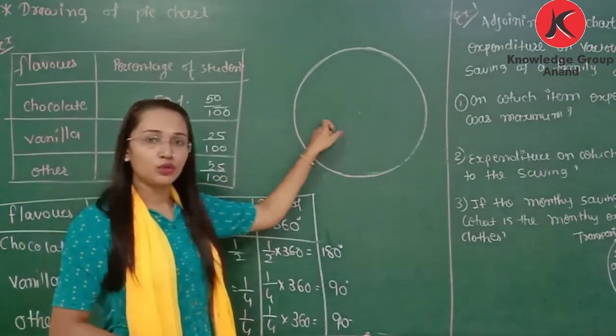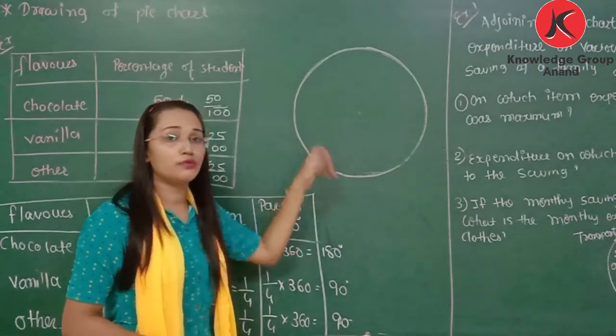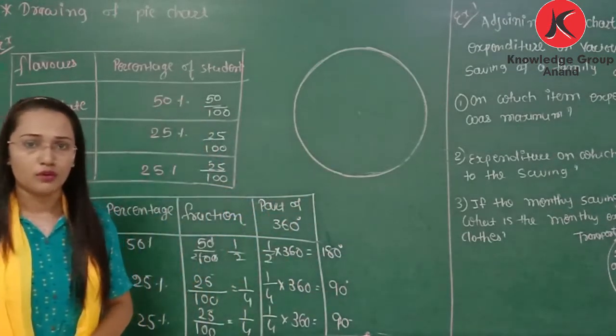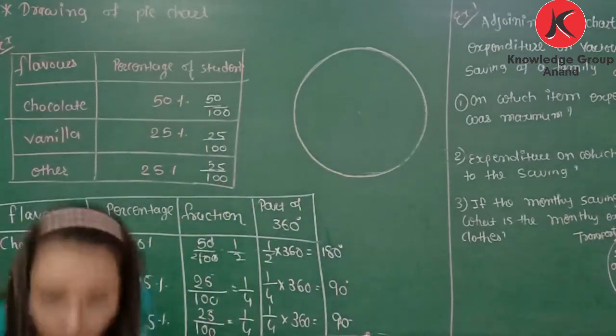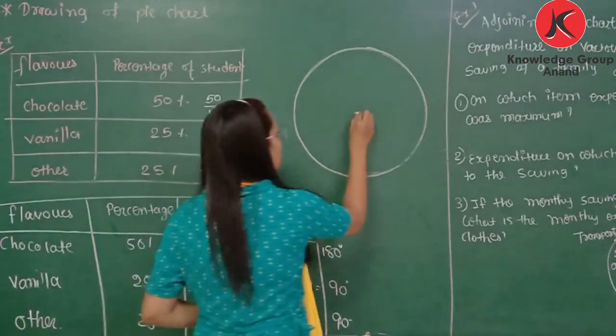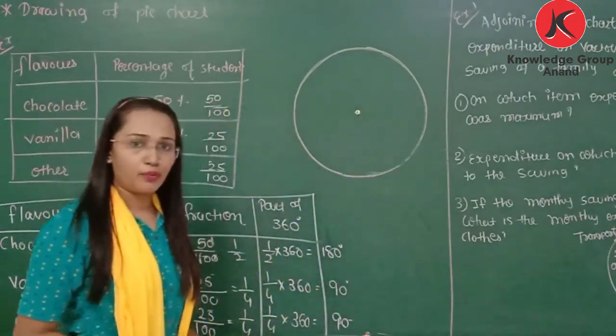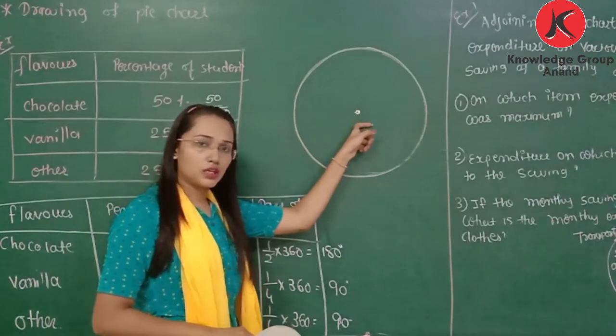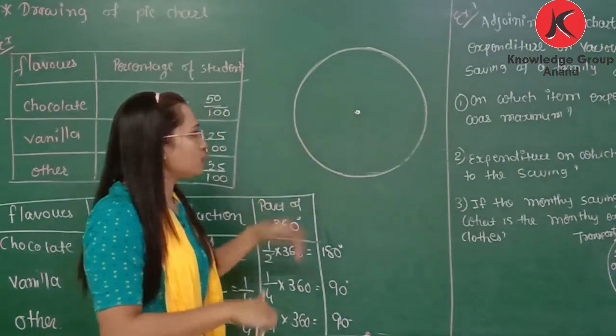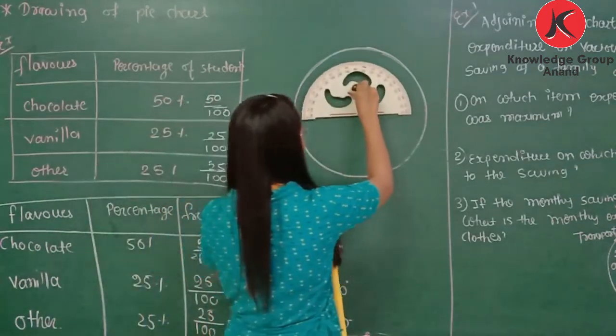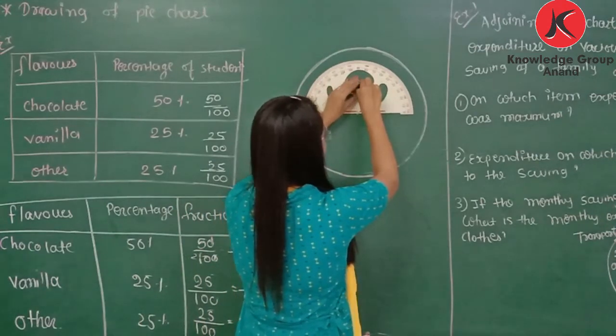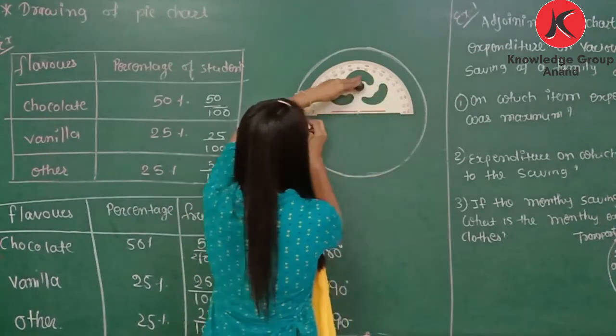Now here, how can you draw a circular graph? So first of all, you need to make a circle with any radius. Now take a center point, because we draw a circle from this center point. Now use a protractor. So this is 180.